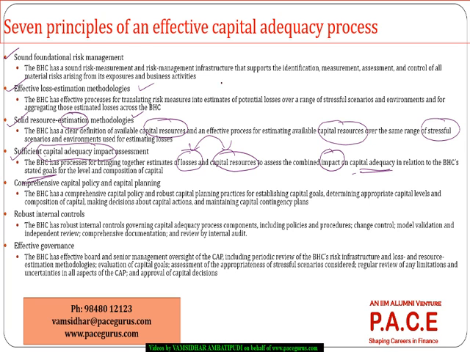Then another important aspect of an effective capital adequacy process is that there should be a comprehensive capital policy, an enterprise-level capital policy, and capital planning that needs to be done. So all the practices relating to capital planning should look at capital goals. How much capital is required? What are the different levels of capital under different scenarios?